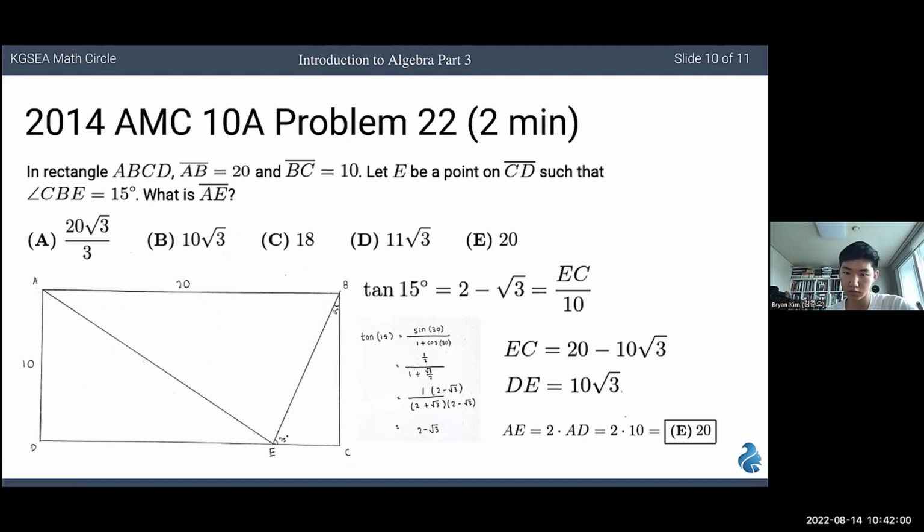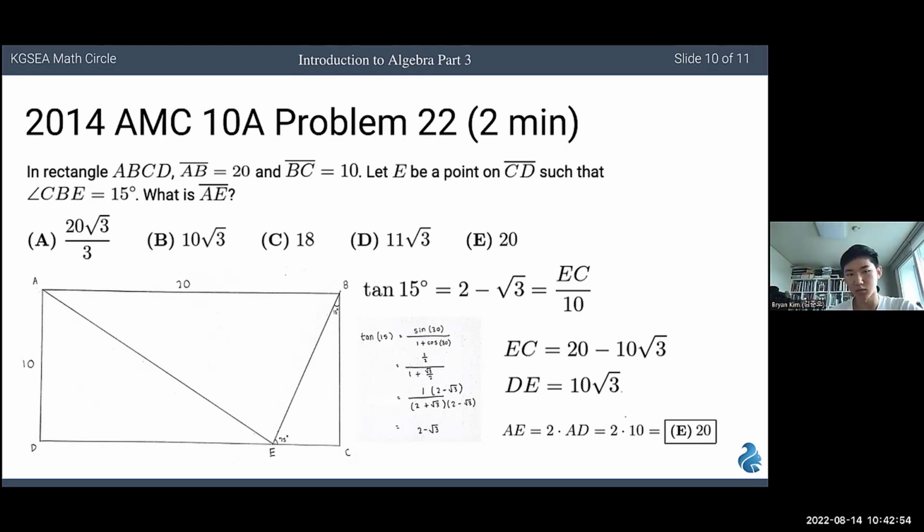And I'll just give you guys 2 minutes to take a stab at this problem. Okay, 1 minute has elapsed.